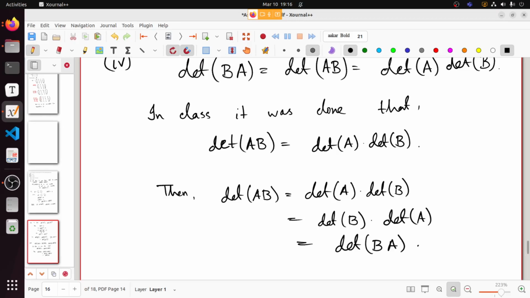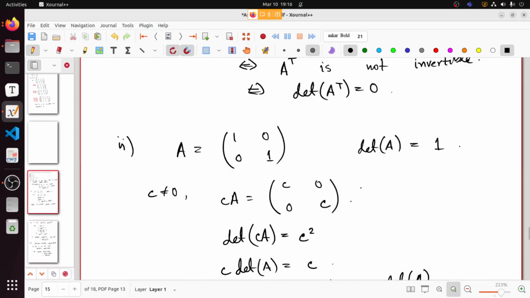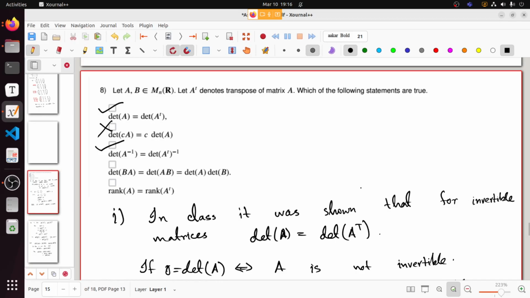So determinant of AB is determinant of BA, which is the same as det A times det B. So option number 4 is also correct.